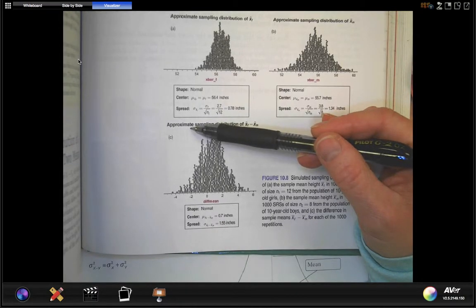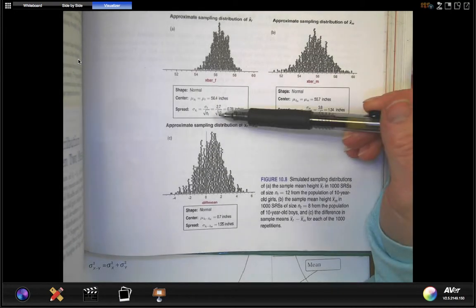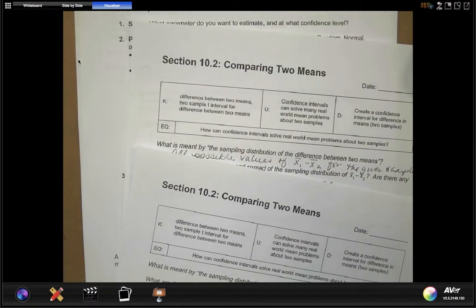Again, this is approximate, because it's not all possible values, but if I could create all possible samples, in this case, the sample size is 12 for the females and 8 for the males, this is what the differences would look like.